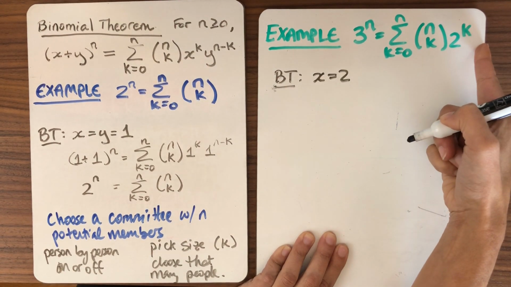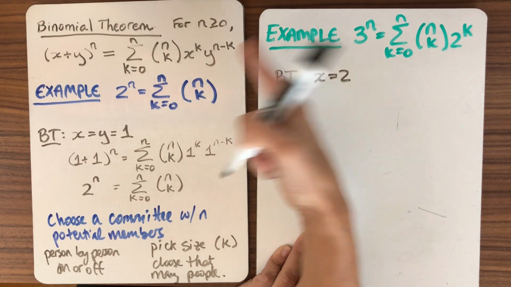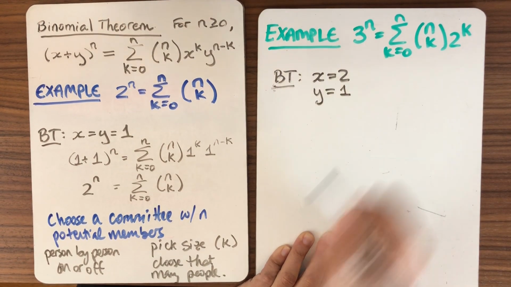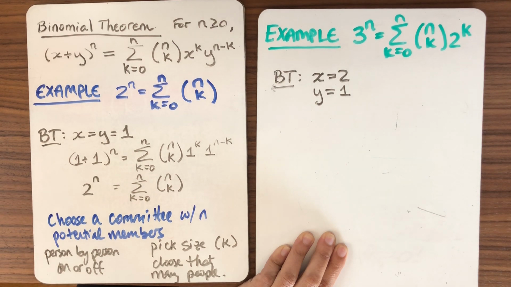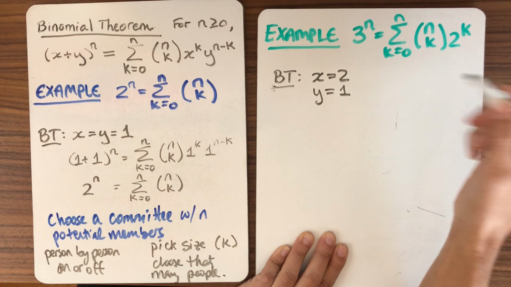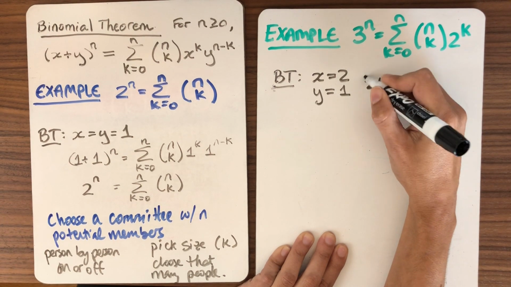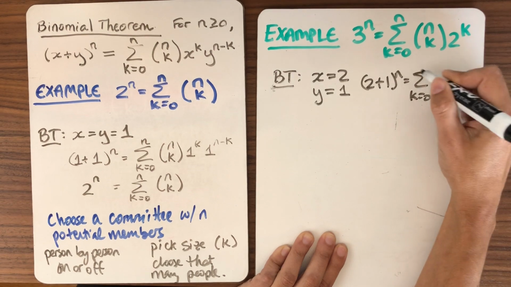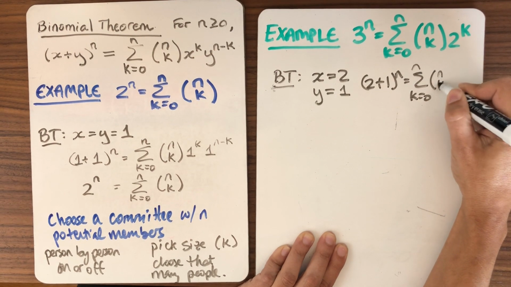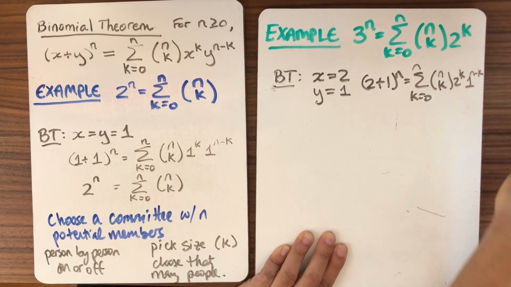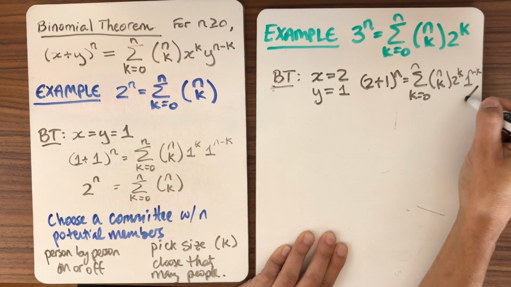I don't see y, so y must be 1, because 1 to a power is just 1. So this is what I'm going to plug in, and when I do this, what I get is (2 + 1)^n is equal to the sum k = 0 to n of n choose k, 2^k, 1^(n-k), which is exactly this identity.